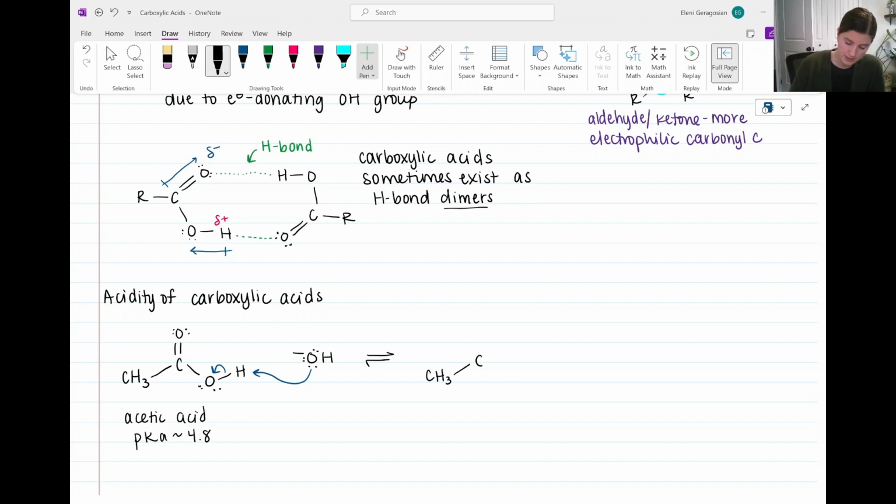This helps us understand why the pKa is relatively low. So oxygen gained a pair of electrons from its bond to hydrogen, and we have H2O as a byproduct, or as a conjugate acid.